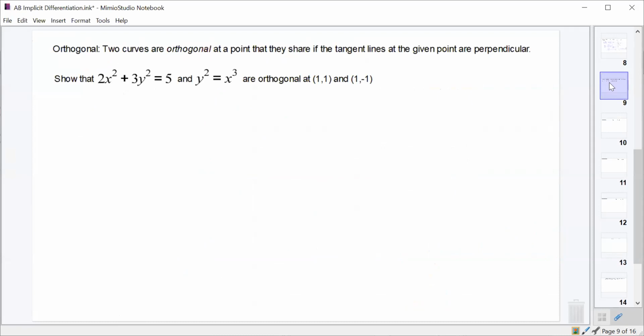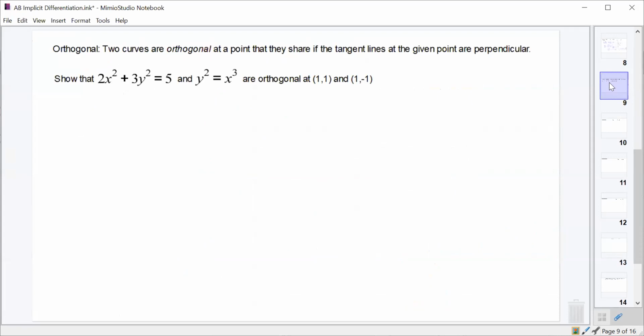Next thing, and this is not something that will probably pop up on the AP test, but it's about a term that you've probably never heard of called orthogonality. If two curves are orthogonal at a point, it means that they share that point in common and that their tangent lines at that point are perpendicular.